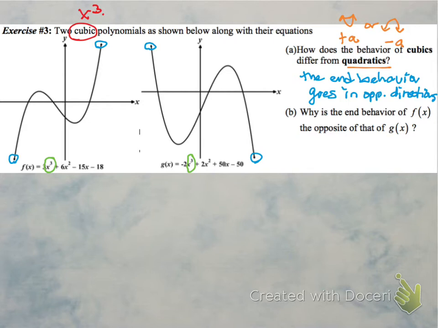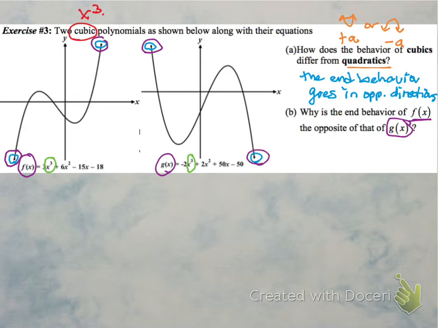So why is the end behavior of f of x, which is this one, the opposite of g of x, which is this one? This one is going down on the left-hand side, up on the right, versus this one going up on the left and down on the right.